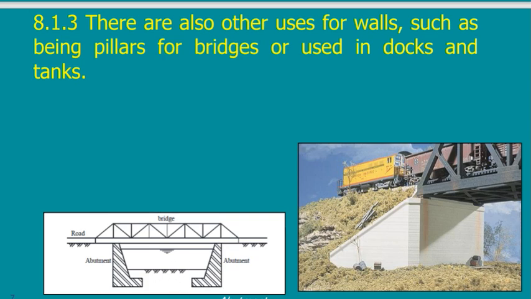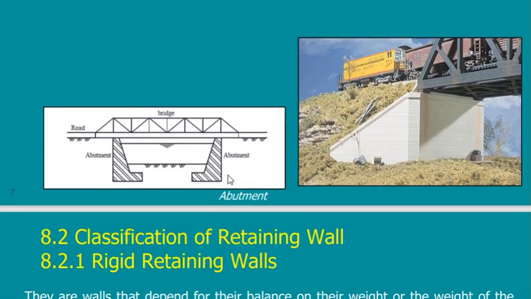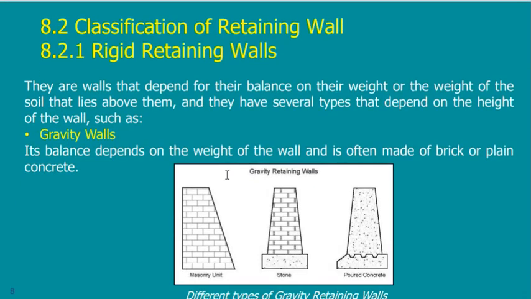This is similar to a retaining wall, because it is actually retaining the soil behind, because you need this bridge to be connected to the land. So you have to have soil here. So this is another function.